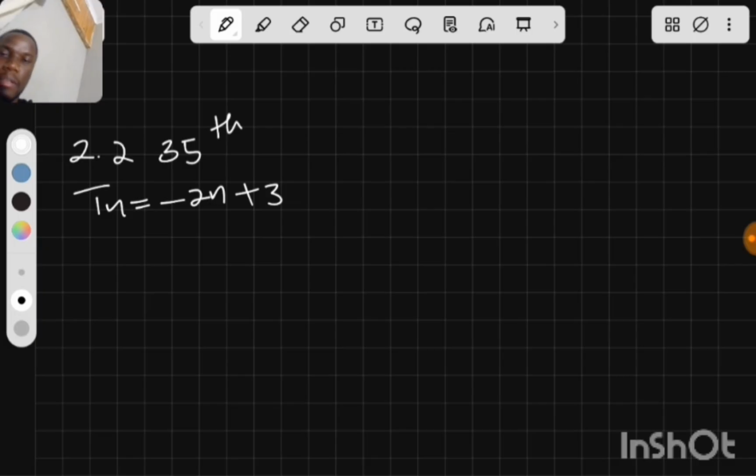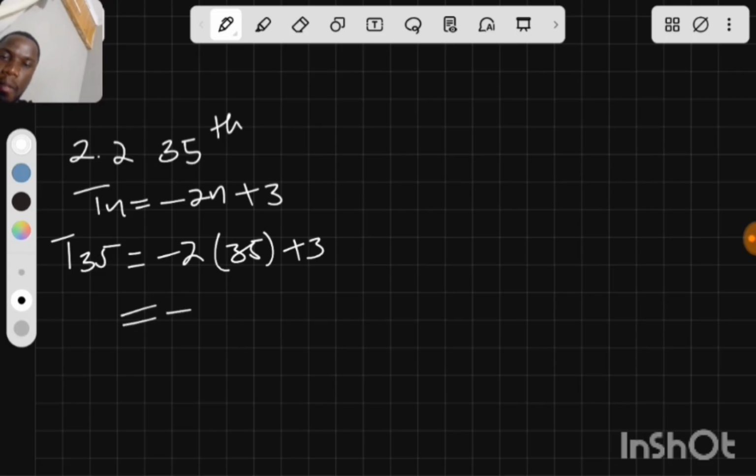Where you see n, you substitute with 35. We're going to have t of 35, which is equal to minus 2 times 35 plus 3, which gives you minus 67. I hope you understand.